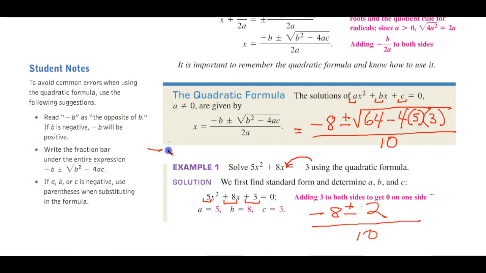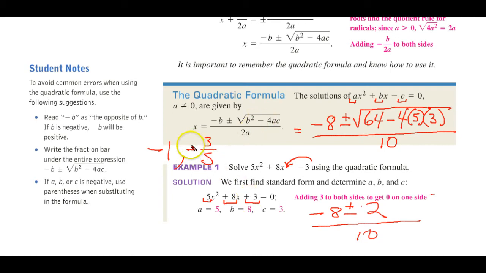That's going to be a negative 1. And then we have a negative 8 and a positive 2. That's going to give us a negative 6 over 10, which becomes a negative 3/5.